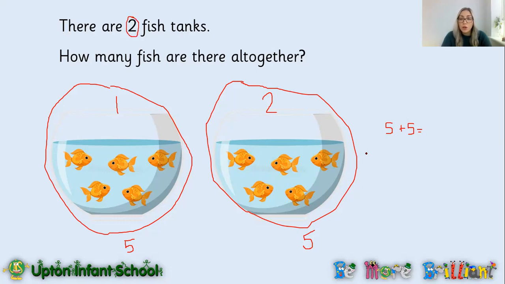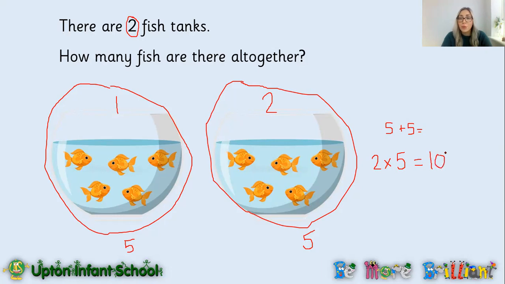We have got 2. And we have got 2 lots of 5, because there's 5 fish in each. And we know that 2 lots of 5, 5, 10. 2 lots of 5 makes 10.